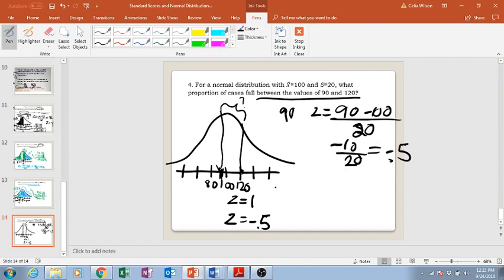We've worked with a z of 1 before, so we already know that almost all of this is going to come from our table. The area between the mean and z, because our mean is 100 and our z is 120, when we looked it up a couple of times, we found it to be what?